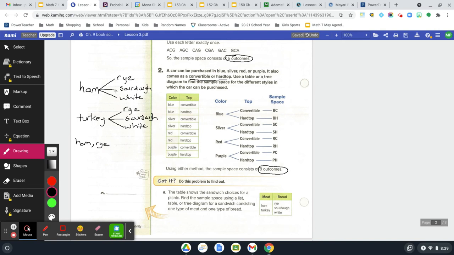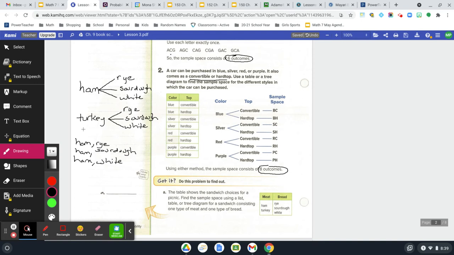I can have a ham and sourdough. So I'm just going to list it. Ham, sourdough sandwich. Another outcome I can have is ham and white bread. So far, I can get 3 different sandwiches with the ham as the meat on the sandwich.